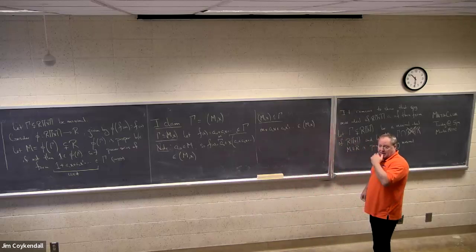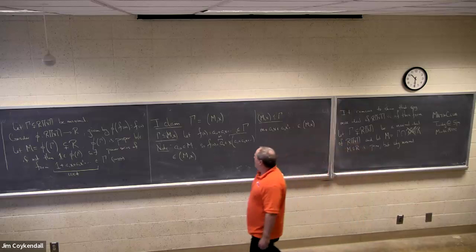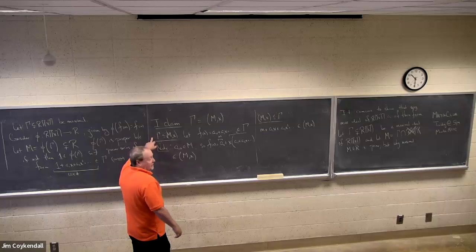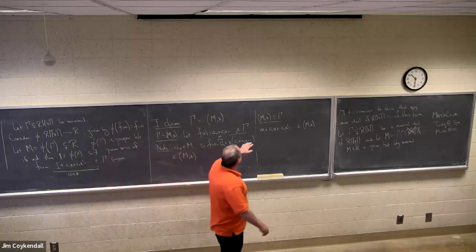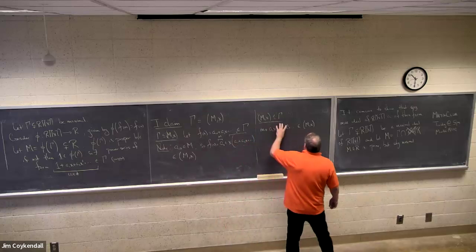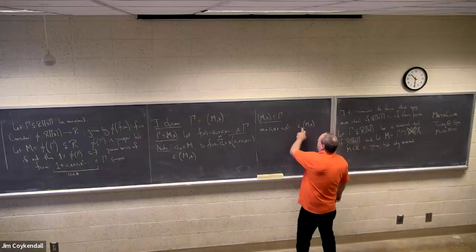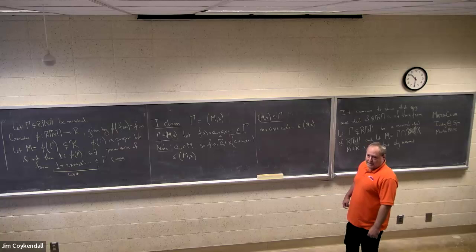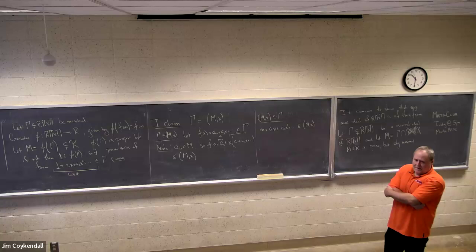I'm sorry, I thought we had to prove it's maximal. Well, okay, that's what we're going to need. So what we want to do is show that a typical element of (M, X) is actually in gamma. The maximality of gamma, and that's it.